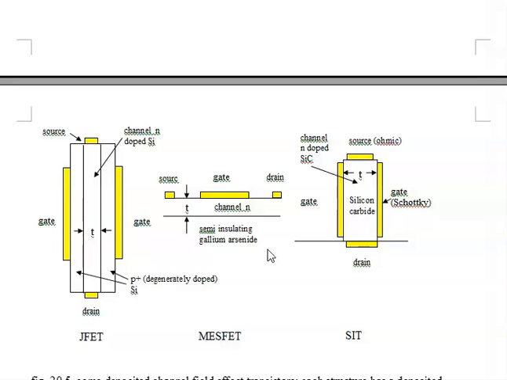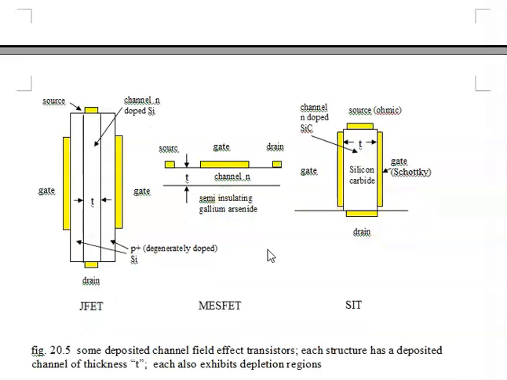Okay, let's now look at three types of deposited channel generic field effect transistors. On the left side, we have the JFET, or junction FET, and here we have PN junctions.